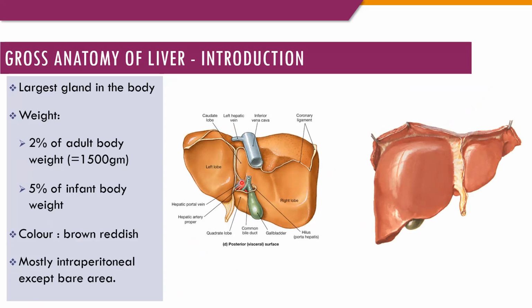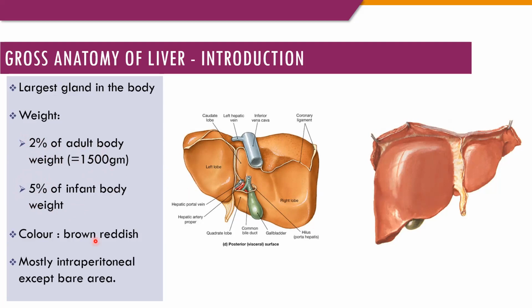The weight of the liver is approximately 2% of adult body weight, which is approximately 1.5 kilos. In infants, it is relatively larger, which is 5% of infant body weight. They are reddish brown in color, and they are mostly intraperitoneal except the bare area.